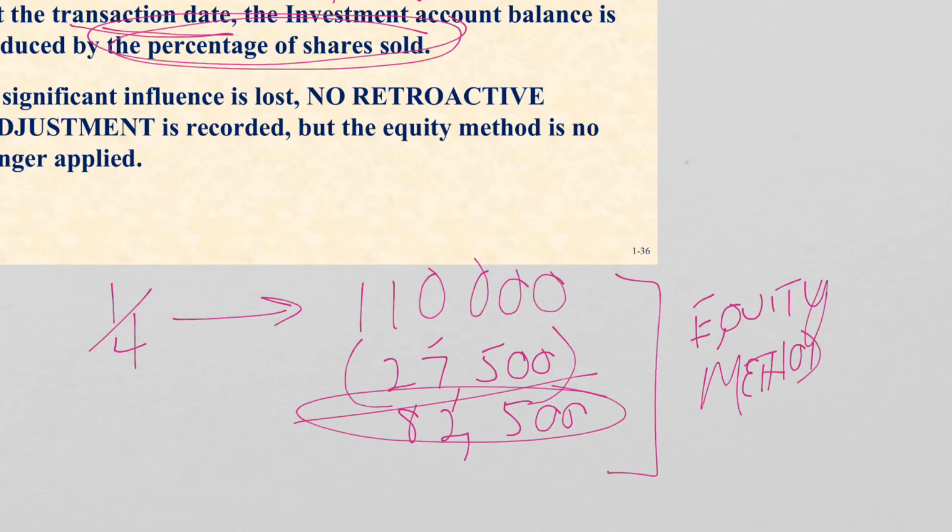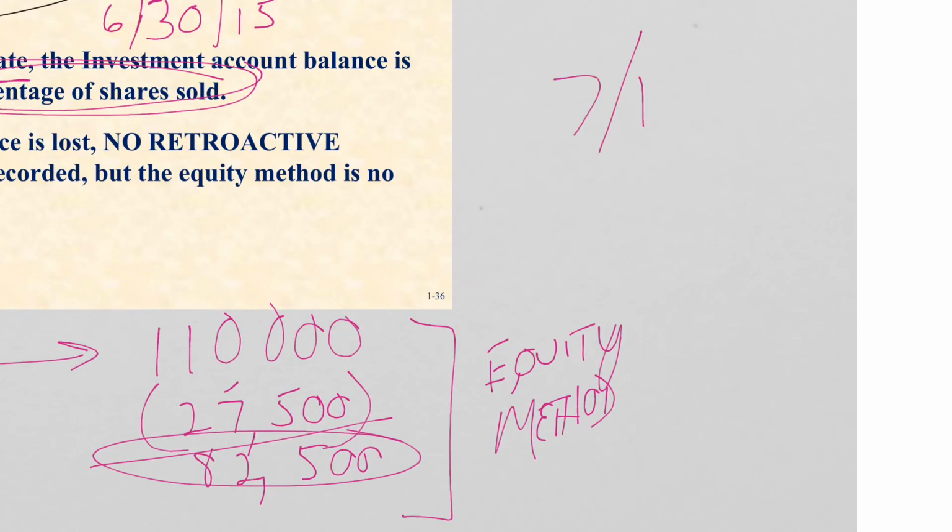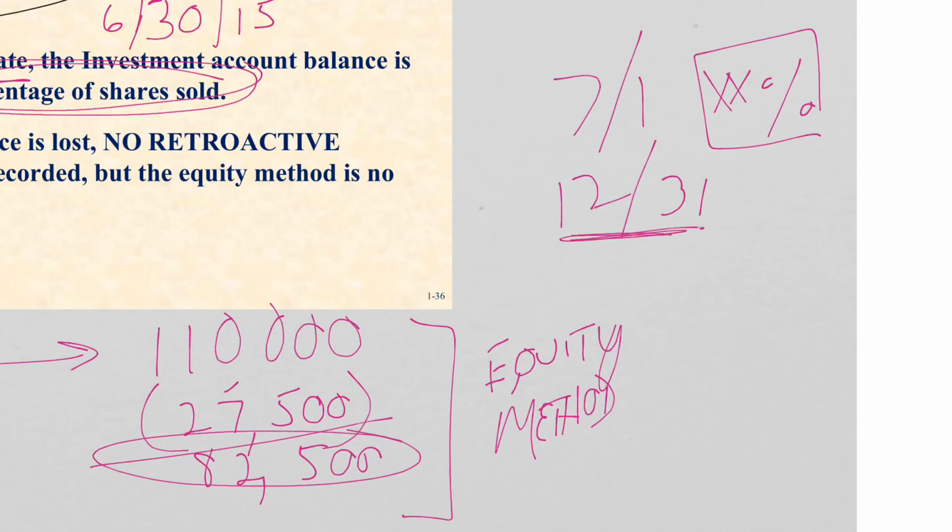So in this case, from July 1 to the end of the year, you'd have a smaller percentage to apply your equity method. Whatever number that is, it would be the new percentage. Then adjusting entries would be made at the end of the year at the 12/31 date to take care of the now necessary equity method adjustments for the 6 months at the end of the year. And this is just an example. It could have been any time during the year. I think you get the idea.